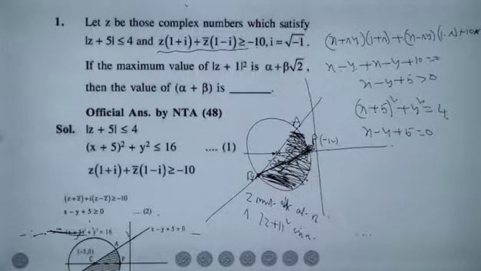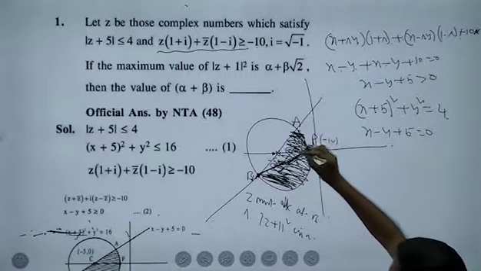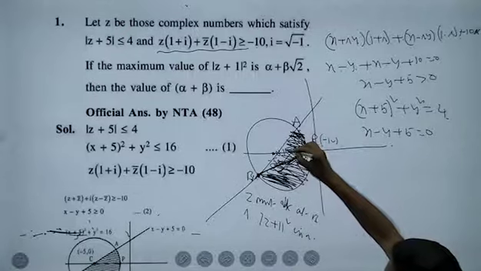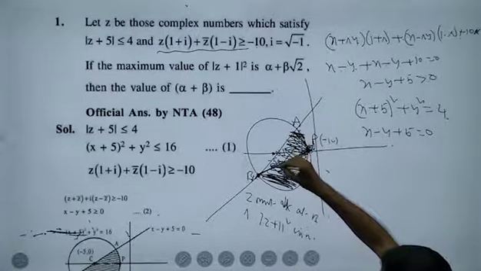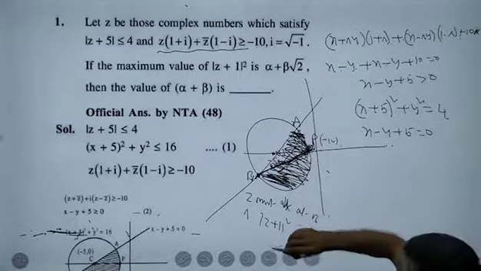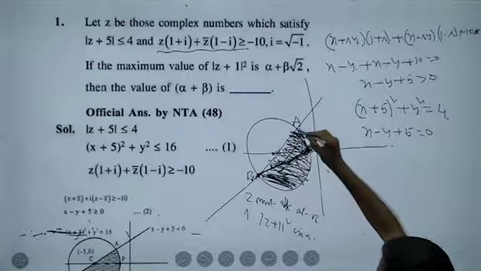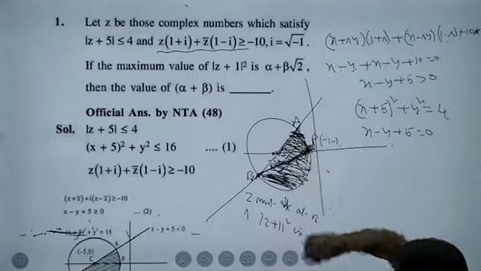You can do another thing. Look here, instead of finding that point, this is pi by 4, right? So this will become what, pi/8. See, if you are intelligent, you can do it like this. This line makes how much angle? 45 degrees with the x-axis.